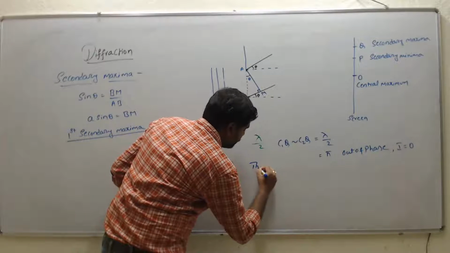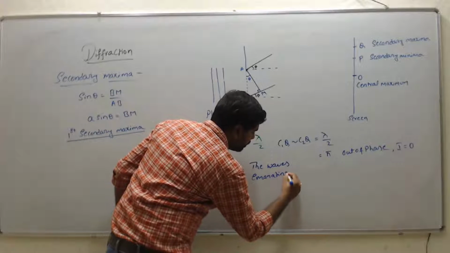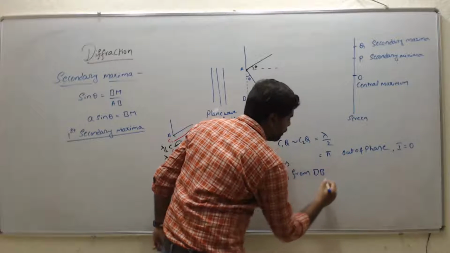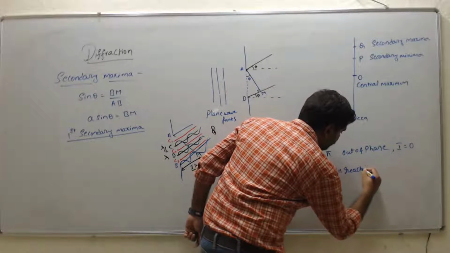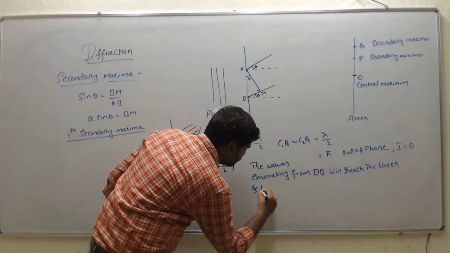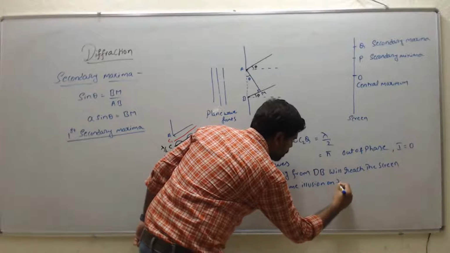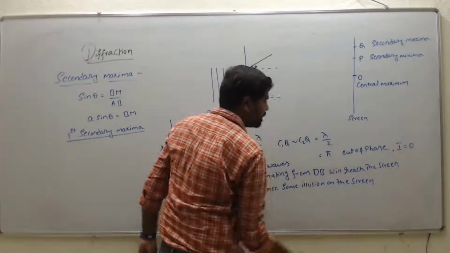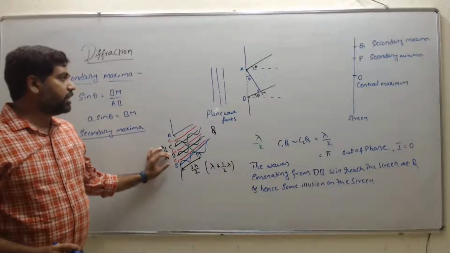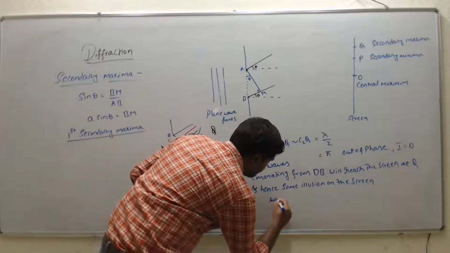So here the waves emanating or coming from D and B, that is DB, will reach the screen, and hence some illumination on the screen will reach at point Q. The waves coming from these two points will reach the point Q. Hence we get some wave and hence we get some intensity.